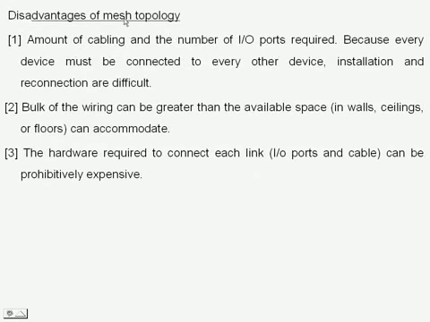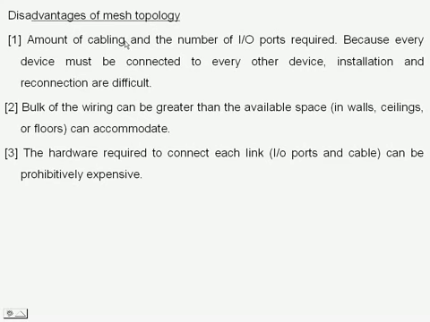What are the disadvantages of mesh topology? Amount of cabling. For example, in the previous figure of mesh topology, 5 stations are interconnected. Station 1 should be connected separately to all other remaining 4 stations. Similarly, station 2 is also connected to all other remaining 4 stations.